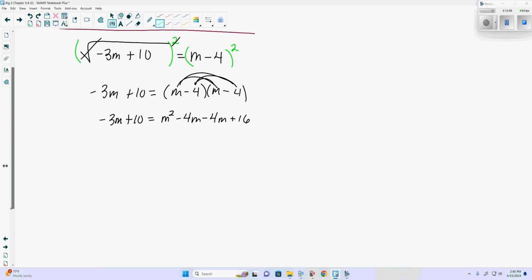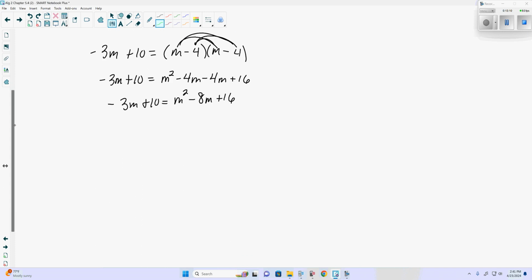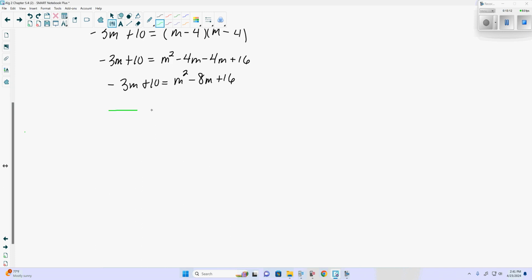Yes, we can combine our two -4m's, telling us that we have 3m plus 10 is equal to m squared minus 8m plus 16. Now that we have our terms combined, we need to get this thing equal to 0.